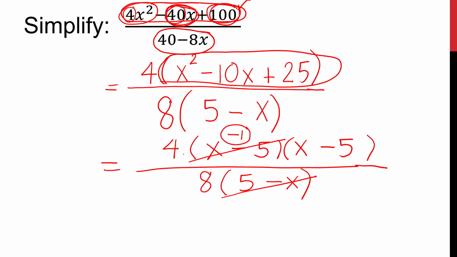What about 4 and 8? Can I cancel 4 and 8? Yes, it can be cancelled. 4 divided by 4 is 1. 8 divided by 4 is 2.